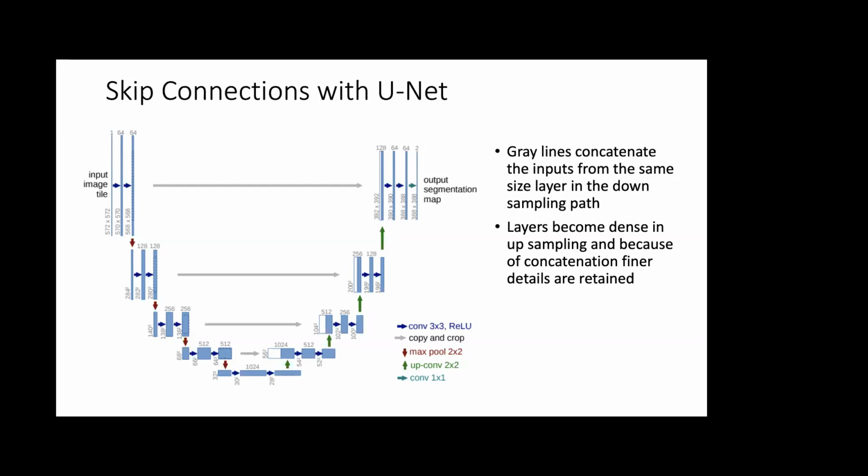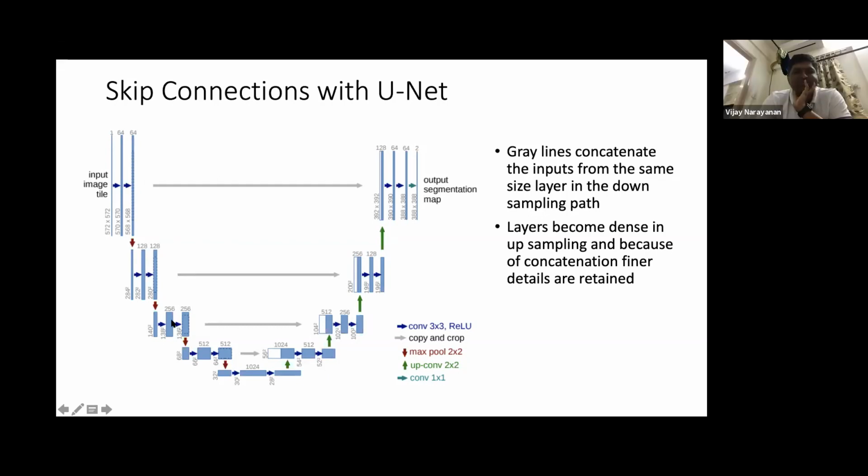One question, please, Vijay. On the left, for example, you've got something that's of size 136. On the right, you've got a size 104. How do you then ensure that they're the same size so that you can continue to work with the image when you do the concatenation on the right? Okay, so the picture that we have here is based on the original paper, John, right? So they may not be the exact way of representing the particular thing.